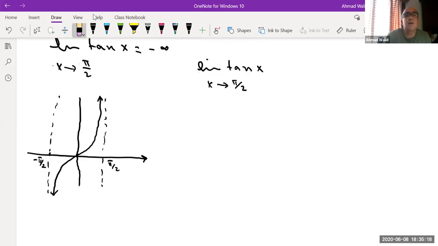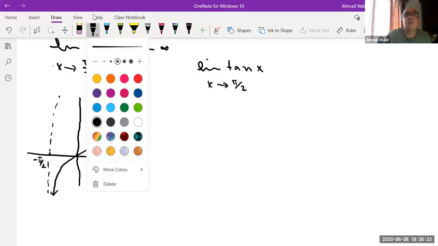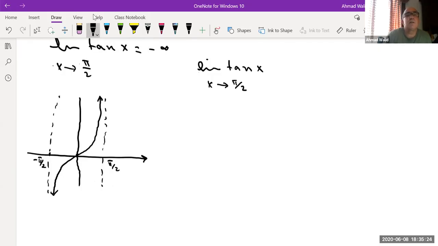Of course, if I was inside the class, everyone would be shouting. Let's go back to the first one. The limit of tan x as x approaches pi over 2 from the left: when you go this way, the graph goes up. It means it gives you positive infinity.